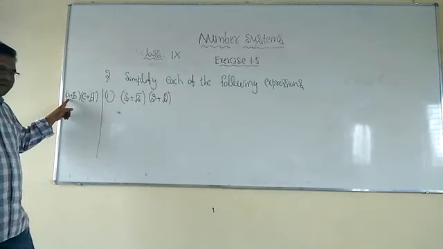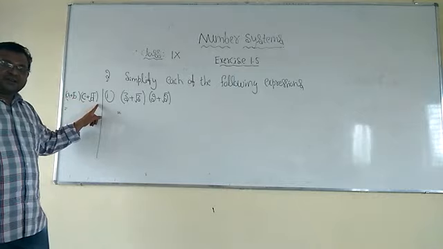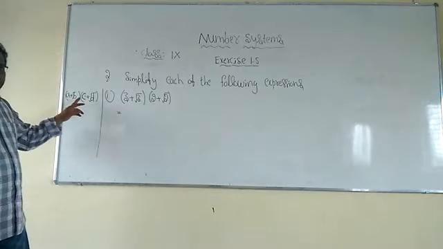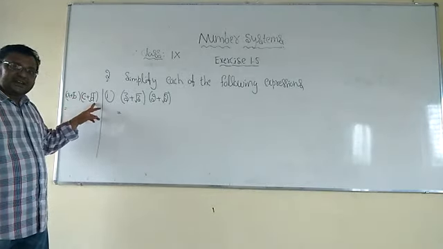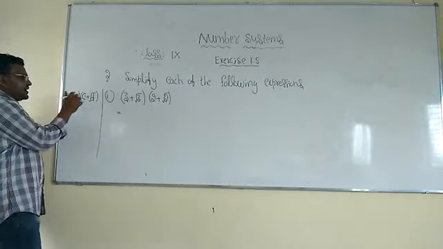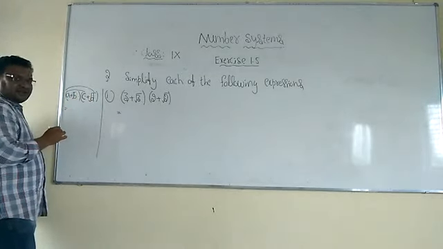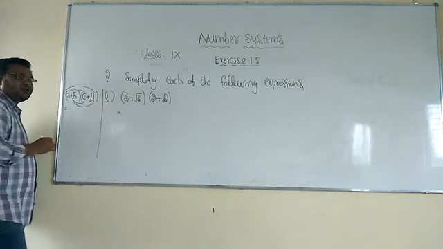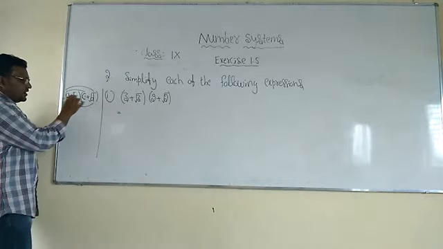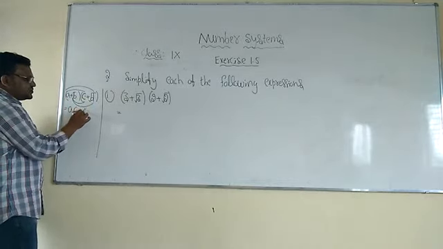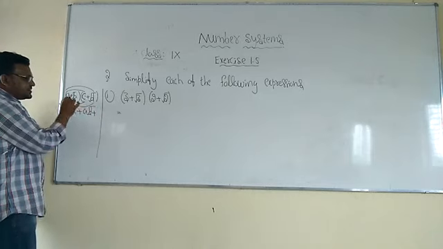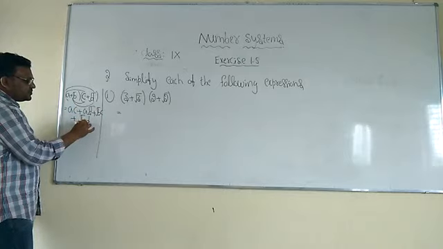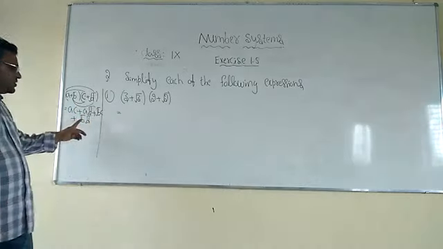Take the first term of the first binomial, multiply with the two terms of the second binomial, then take the second term of the first binomial and multiply with the first and second terms of the second binomial. That means a into c plus a into root d, then root b into c plus root b into root d. That means ac plus a root d plus root b into c plus root b into root d, which is root bd.